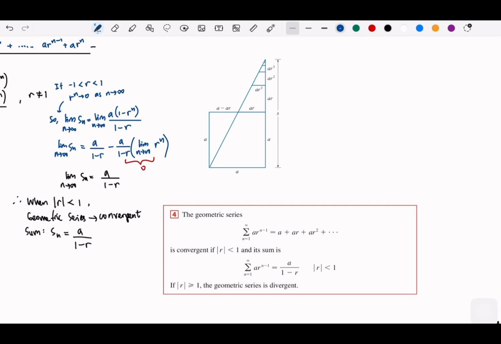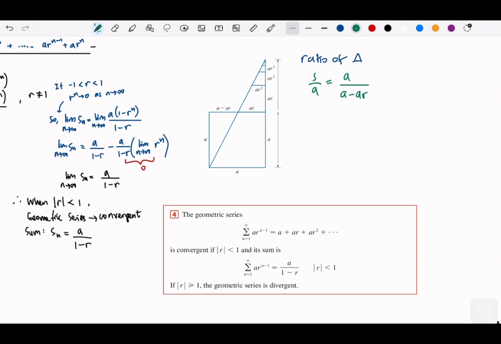Now the deal with this is, since we take this in a triangle, by taking the ratio of the triangle, we can write S over a should be equal to a over a minus a r. They are similar triangles in general.